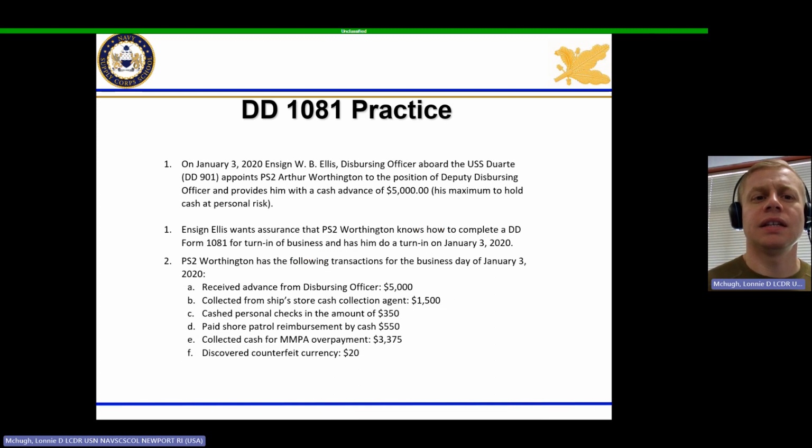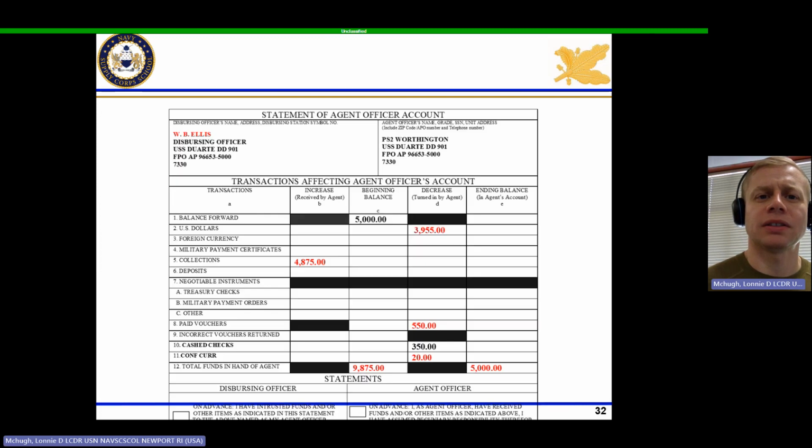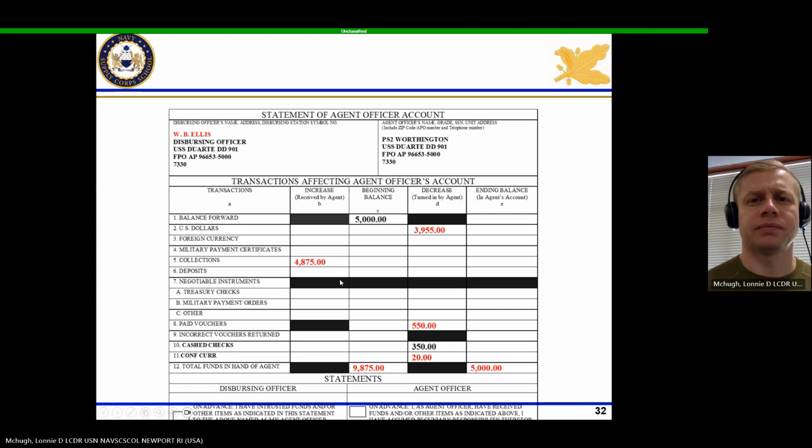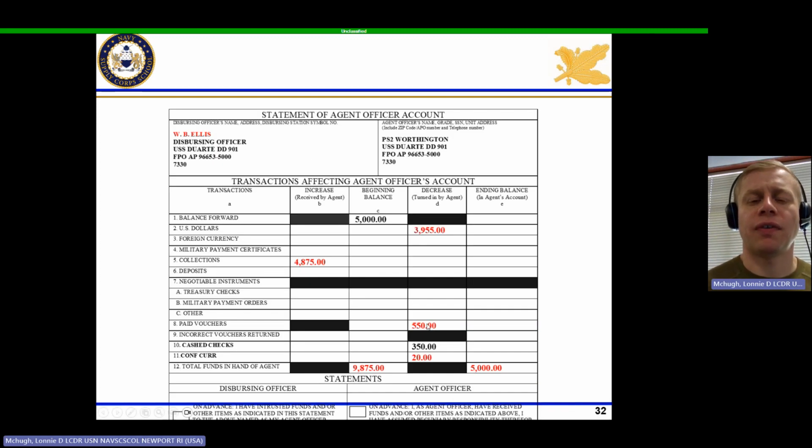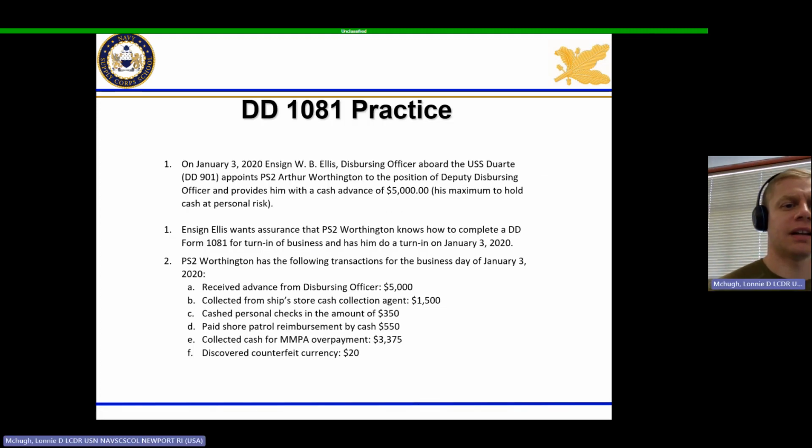All right, then the agent cashed personal checks in the amount of $350. So we're going to go back to the 1081, and you can see that they cashed checks $350, and that went to line 10 where they filled that in. Remember, line 10 is blank. Then they paid Shore Patrol reimbursement for $550. So that's a paid voucher for $550. Then they collected cash for MMPA overpayment in the amount of $3,375.